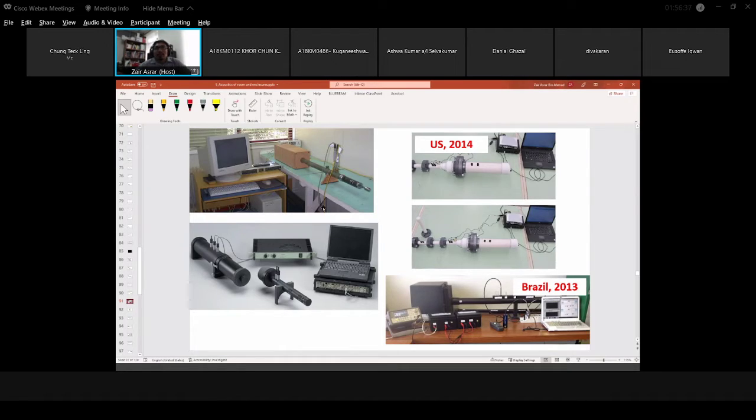Bear in mind, you can make this yourself actually, if you know your parameters and what to do in terms of controlling the accuracy of the device. The ones from Brazil and the US here are DIY versions of the impedance tube. It will give you a similar result.